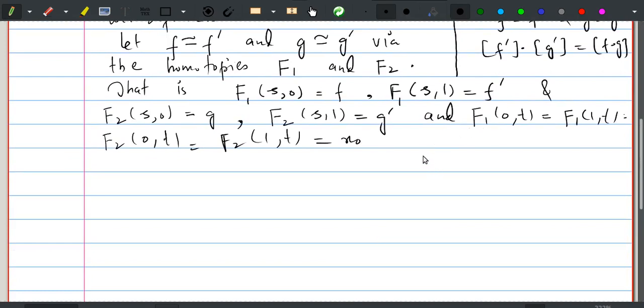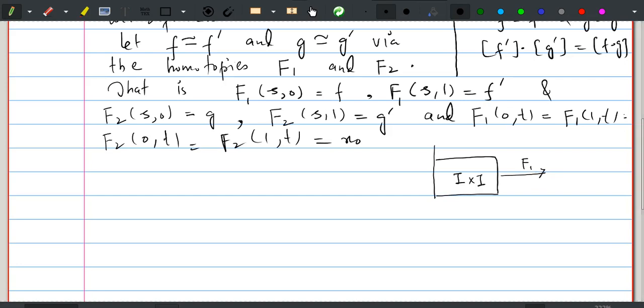So for this square, I cross I, this is the homotopy F1. Here we have two loops, f and f prime.